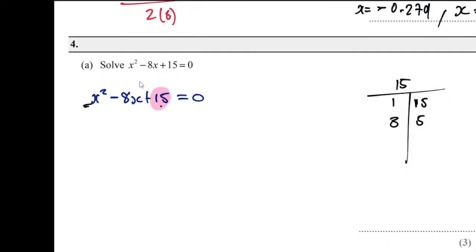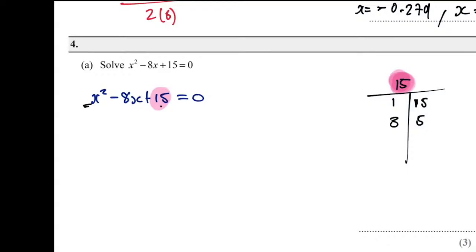Now, listen closely. This is the most important thing. If this is a negative number, it means that you are multiplying numbers with different signs. If it's positive, it means the exact opposite.